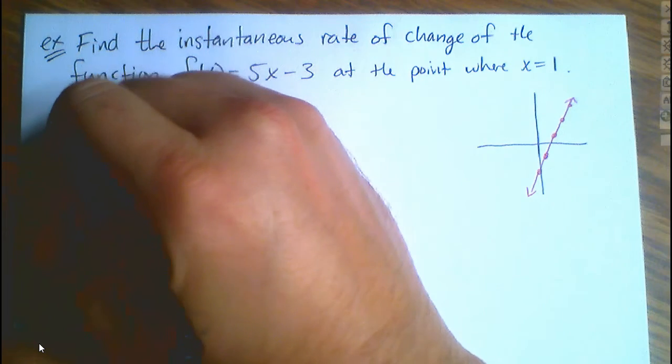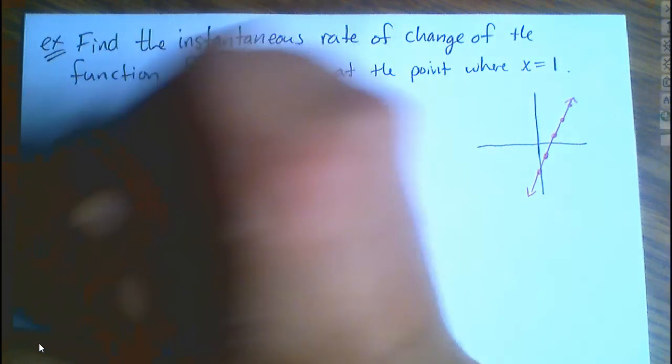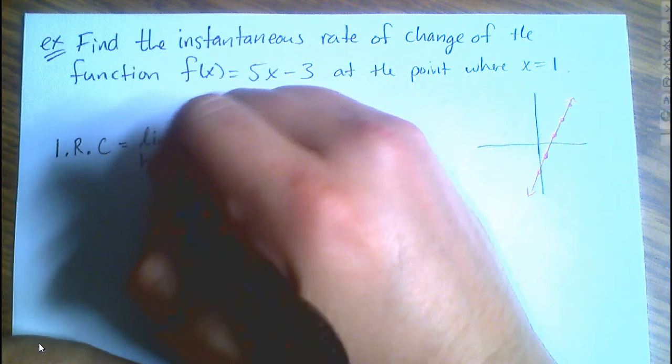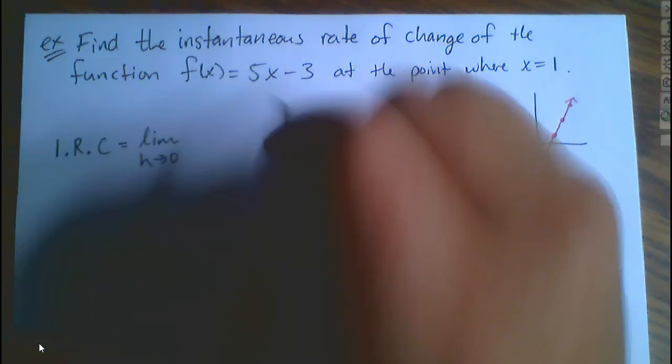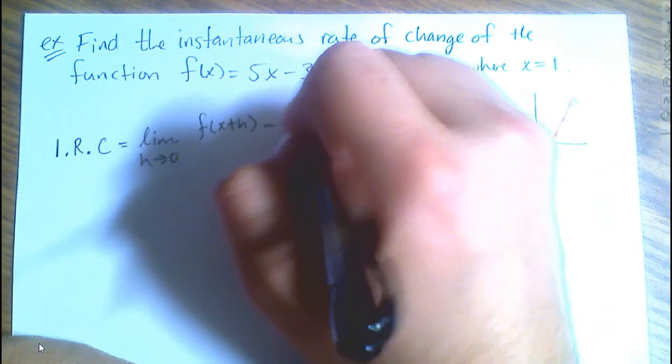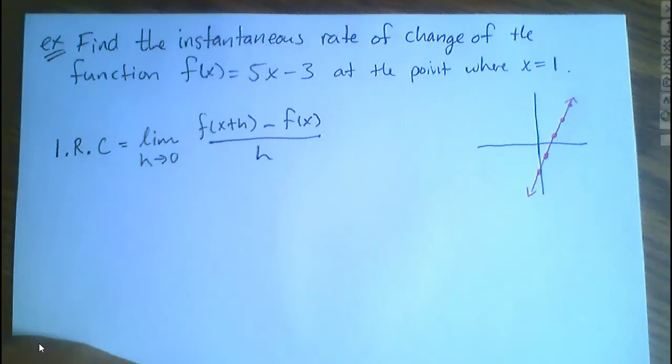So the instantaneous rate of change, recall the formula is the limit as h goes to 0 of f of x plus h minus f of x all over h.